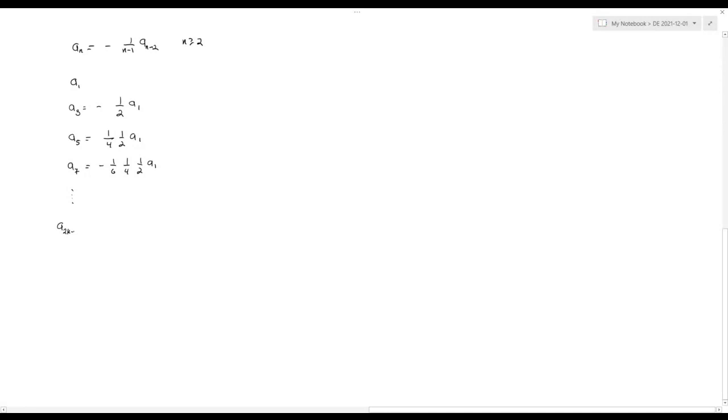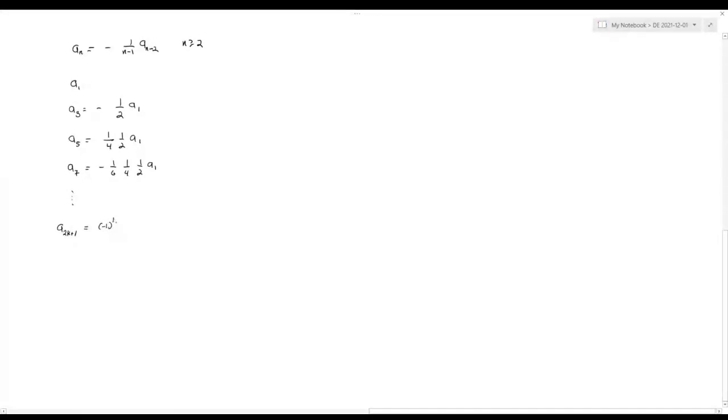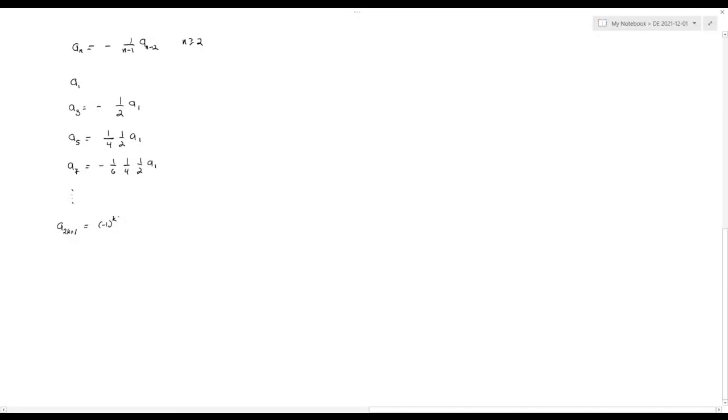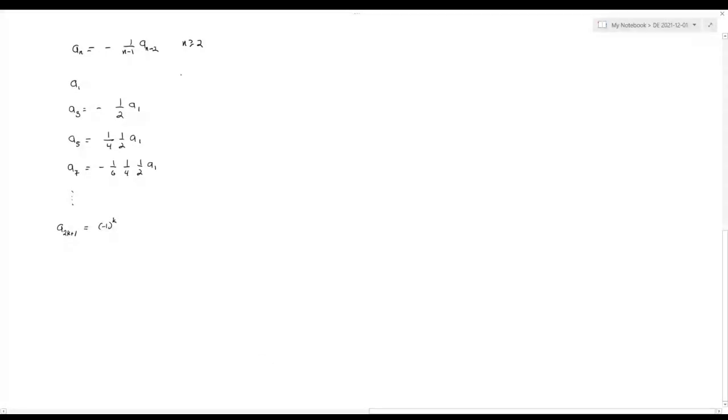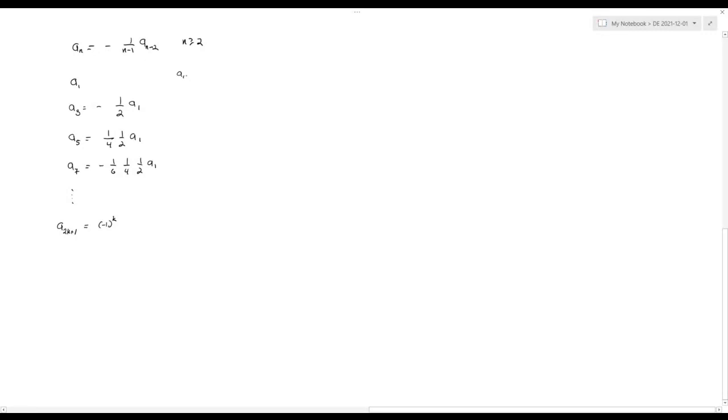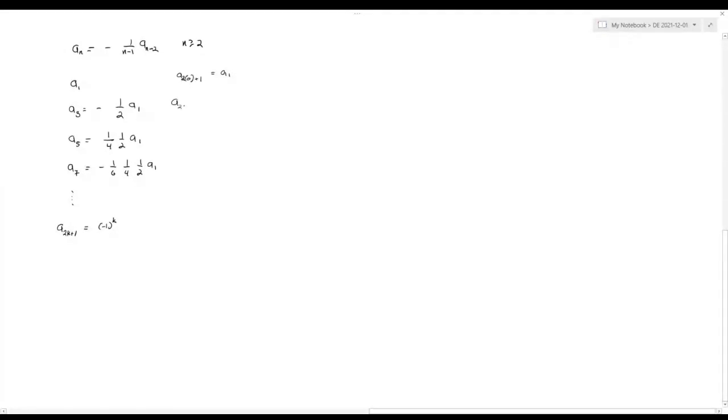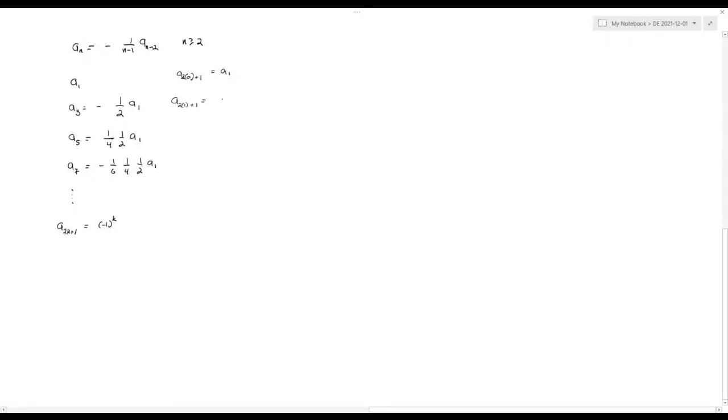So let's just say, so this should be negative 1 to the k. Is that correct? So a sub 1 is what happens when k is 0. And that should be just a1, right? A3 is what happens when k is 1. And that should be a negative.